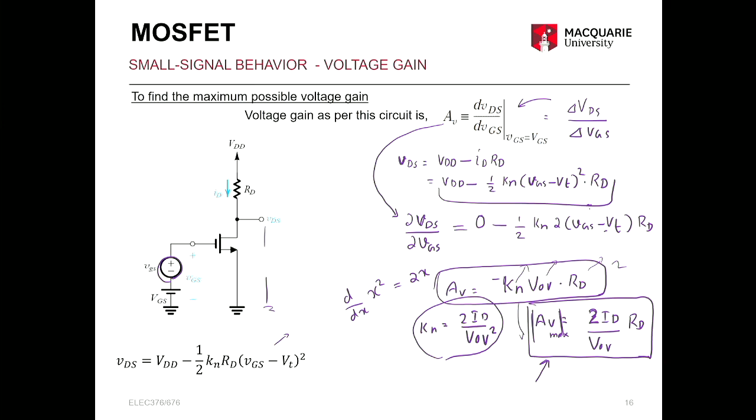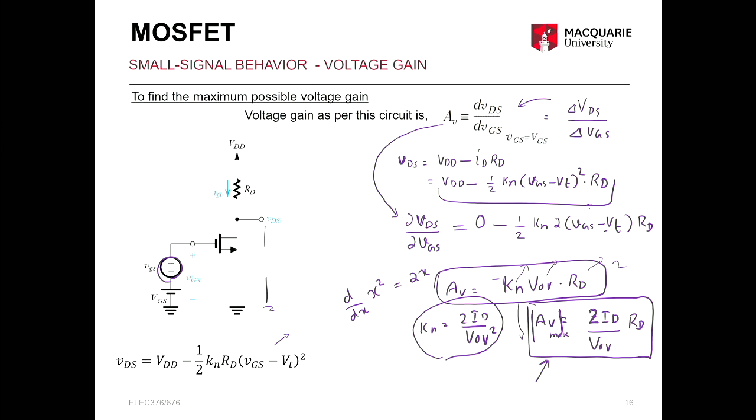It's similar to this question. If we substitute the value for ID, replacing it with half KN times overdrive voltage squared, the value still doesn't come up to 30.